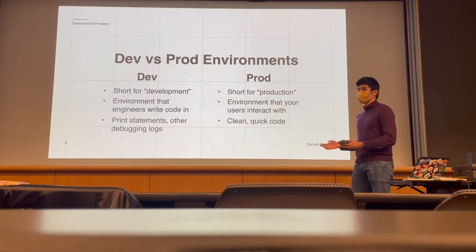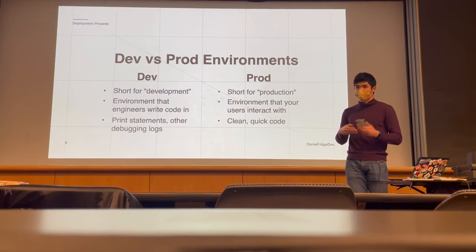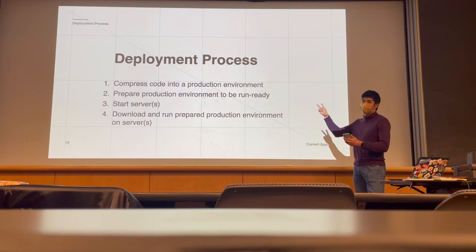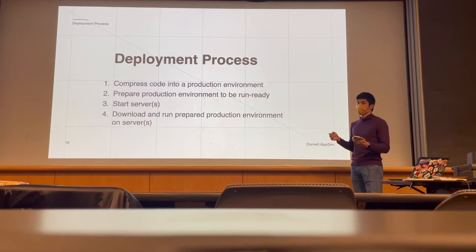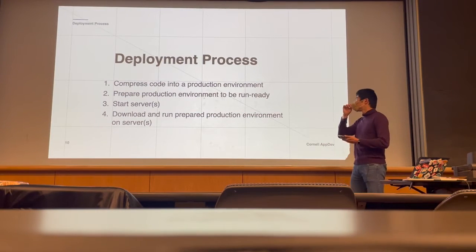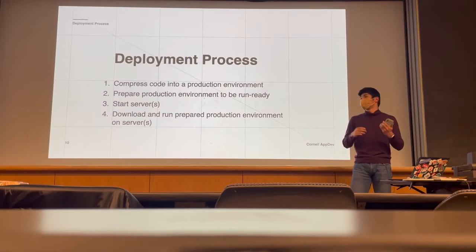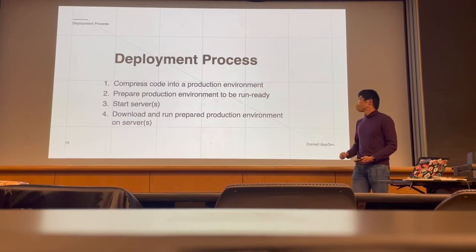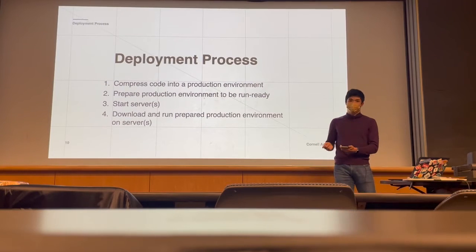So now let's talk about the four-part process of actually deploying a server. So the first two steps is what we're going to cover today, and is under the umbrella term containerization. So we have to compress code into a production environment. So this is the prod environment that we just talked about. And we have to prepare this production environment to be run ready.